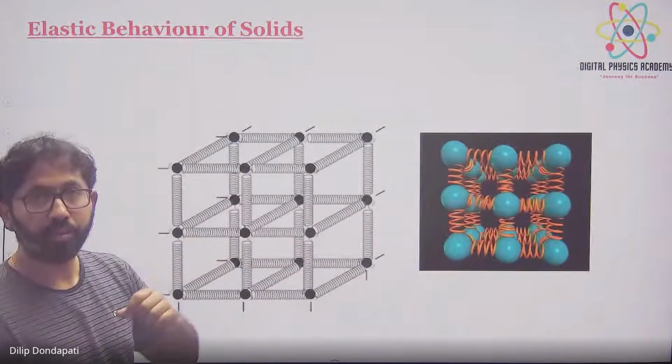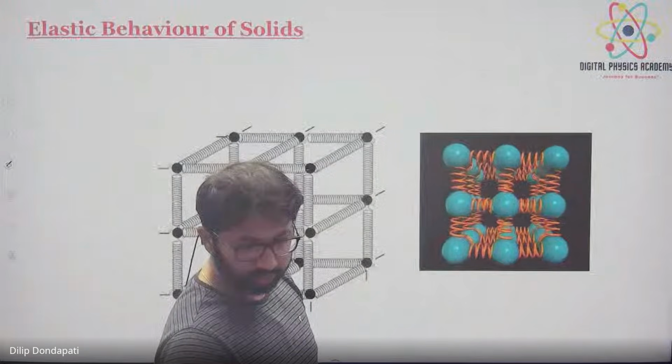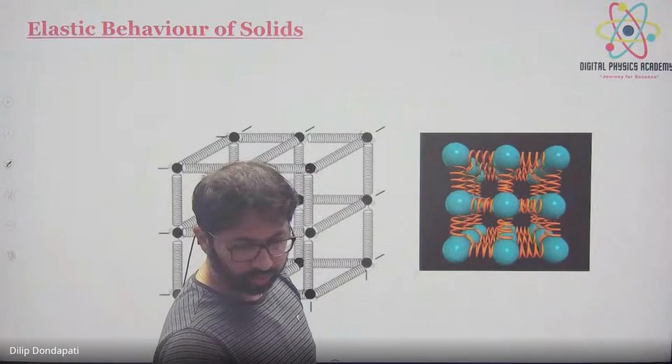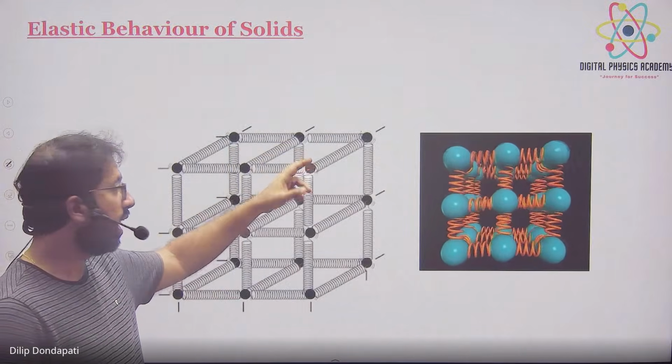So this property we call as elasticity, because every material has it. In every solid, the atoms are connected, and you can imagine them like a spring.